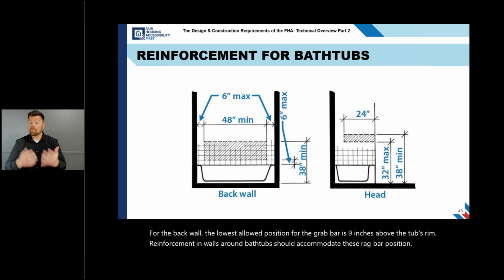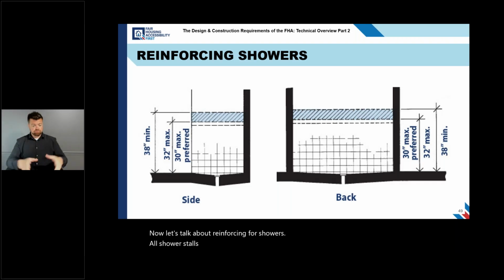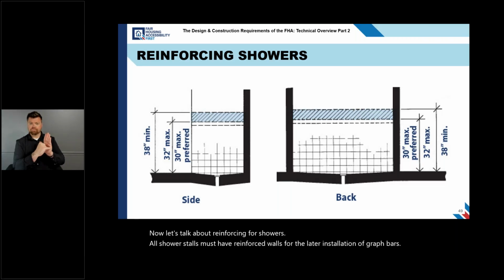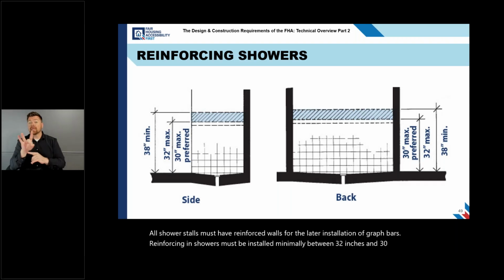Now, let's talk about reinforcing for showers. All shower stalls must have reinforced walls for the later installation of grab bars. Reinforcing in showers must be installed minimally between 32 inches and 38 inches above the floor.